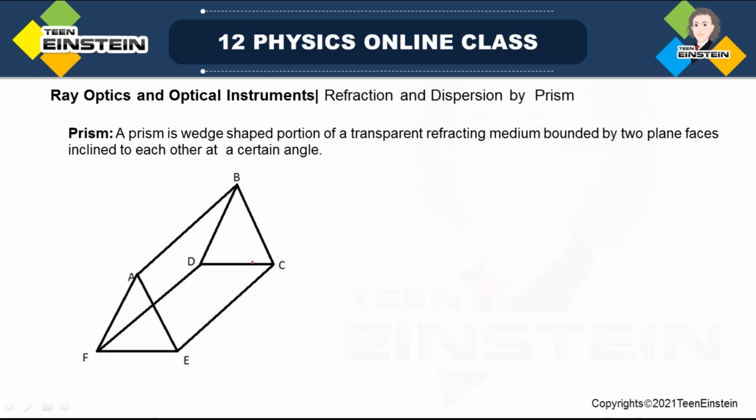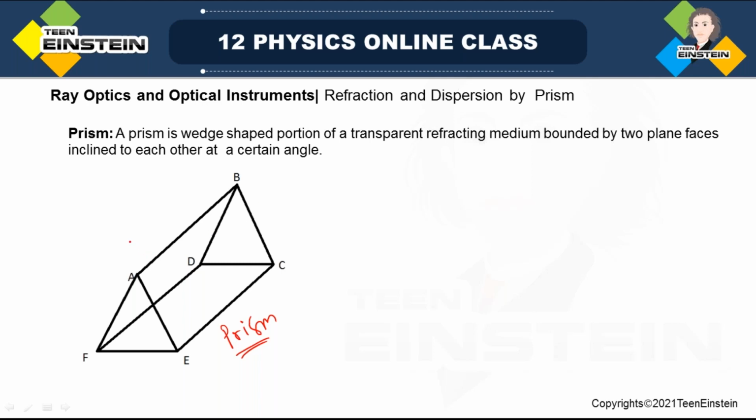And the important thing is, when you see in the laboratory, you may sometimes see the whole prism like this, and sometimes you may not. The prism we will actually be using for our practical or laboratory purpose is a portion of the whole prism.